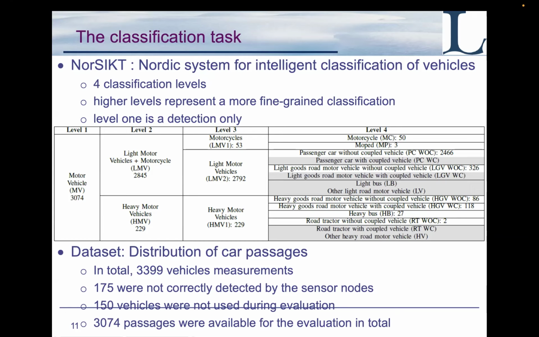Examples are here. I will not go into too much detail, except that there are 4 different classes. So we have light vehicles, and then we have heavy motor vehicles, basically different in number of axles and such.